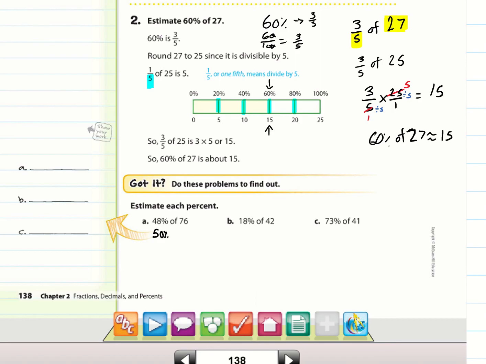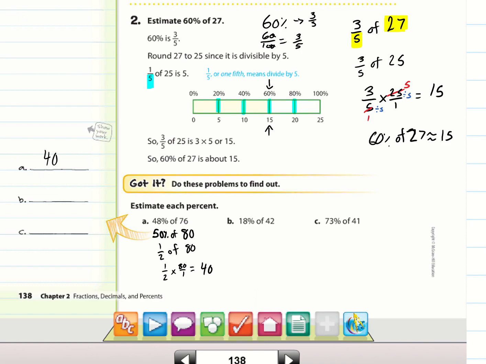And 76, I'm going to change that to 80, because I can easily find 50% of 80. So we know 50% is also 1/2. So I also know that I can multiply. And this is going to equal 40.